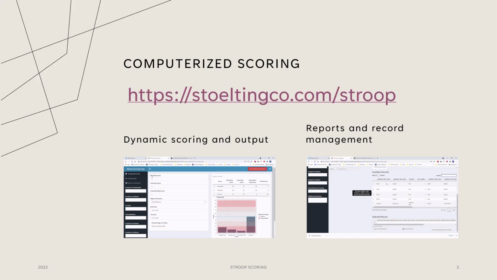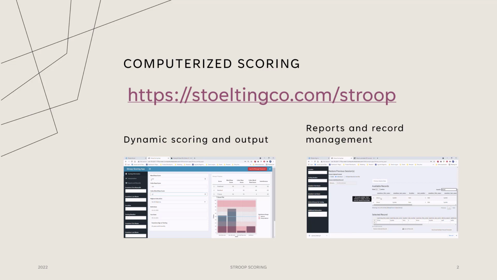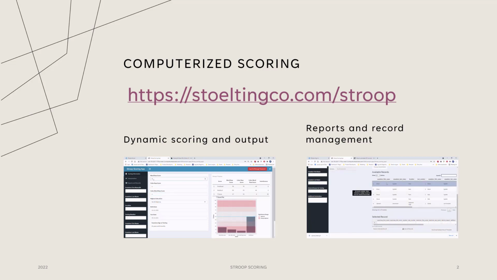that you need. First of all, we do have computerized scoring available for the Stroop test for both the adult and children's version. Information on the computerized scoring can be found at stoltingco.com/Stroop. The computerized scoring will do all the score conversions for you and output the format into a nice report.